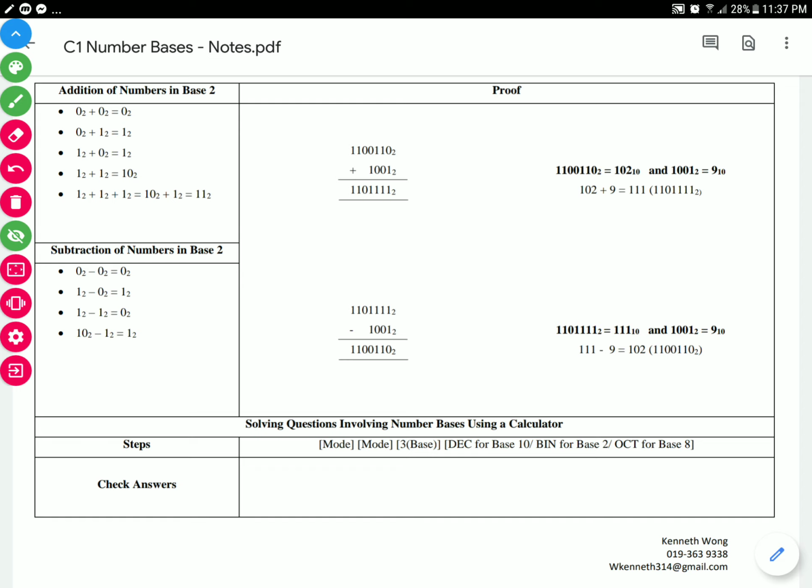Okay, now if we use a calculator, I just want you to pick up your calculator real quick and click on mode once, twice, click on 3, which will activate the base. Depending on what base you want to calculate, you can click on dec for base 10, which are decimals, bin for binary, or oct for octal.